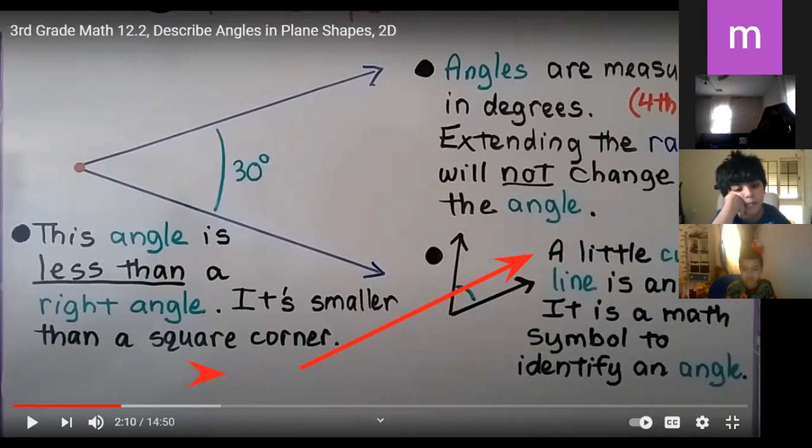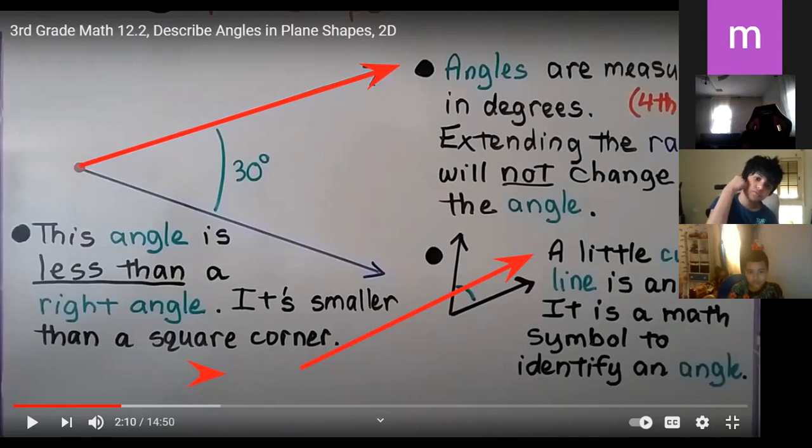So this arrow stands for it will go forever. So how many rays do we have here, Osama? Two rays. 1, 2.